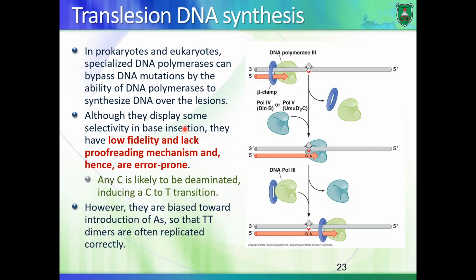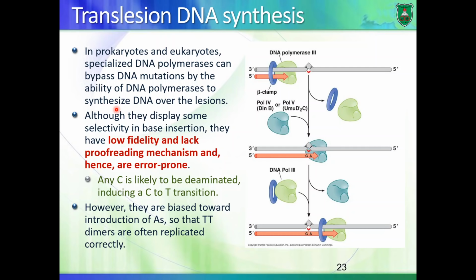So the cell survives, except that we do have mutations that are not repaired. The insertion of any bases would cause low fidelity. What does fidelity mean? It means sincerity. There is no sincerity anymore in DNA synthesis.